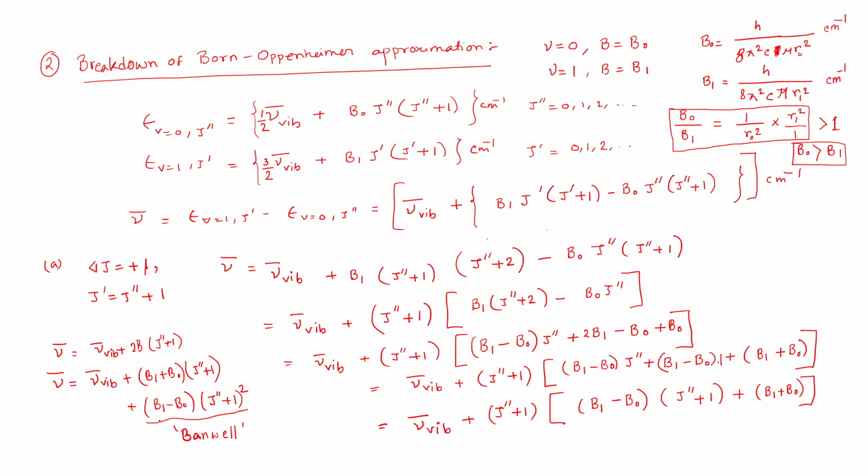And we need another one. This is only for delta J equals plus 1, so we will solve for delta J equals minus 1 as well. We will quickly do that. What I am trying to do is that you have learned almost all the things in the lectures, in the videos.